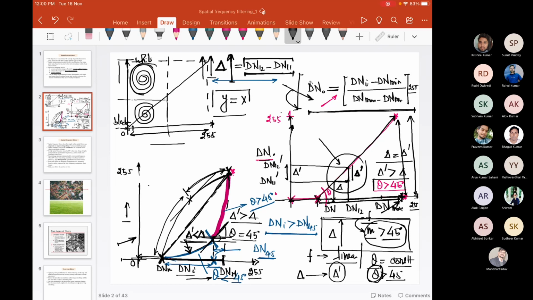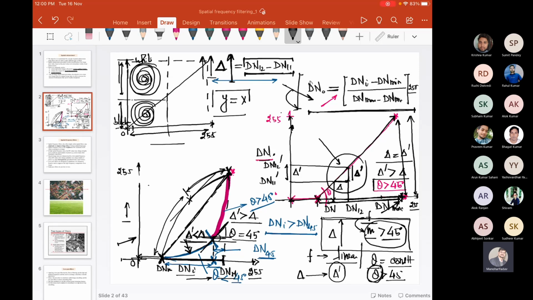Brighter means it's towards white, and darker is towards black. So brighter, lighter, whatever terminology you want to use, it indicates it's towards white color; towards black color, it's darker.